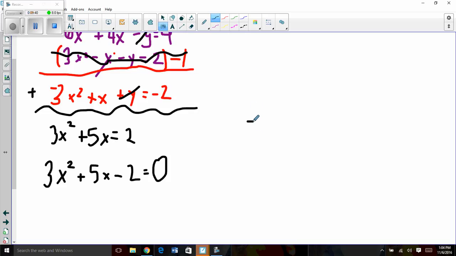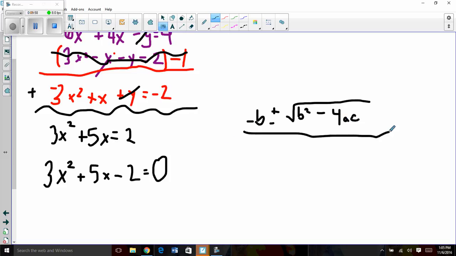So remember, I'll put it over here for us to look at. Negative b plus or minus the square root of b squared minus 4ac, all over 2a. This is your friend, even though it's not always the best. Okay, so our a here is 3. b is 5. You have to take the sign, so it's positive 5.